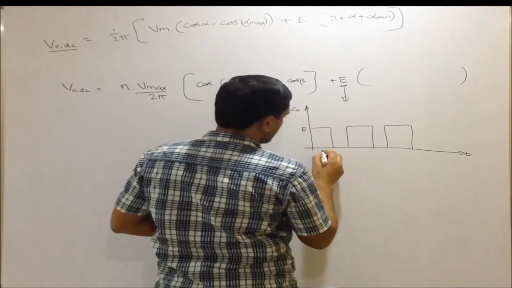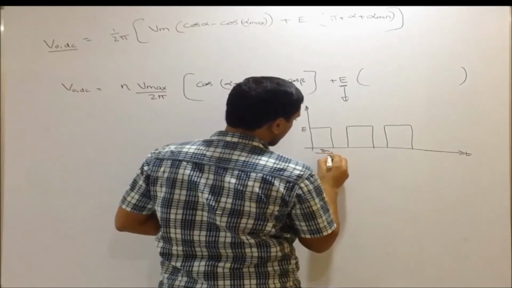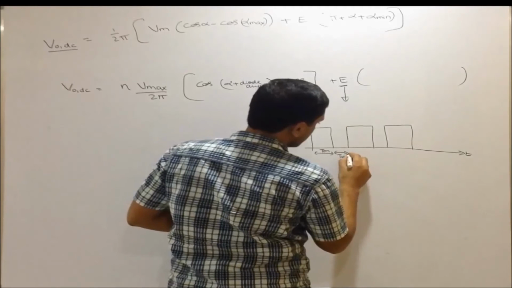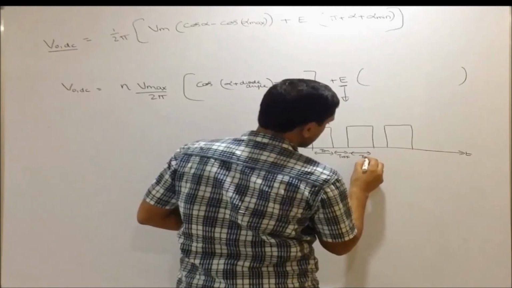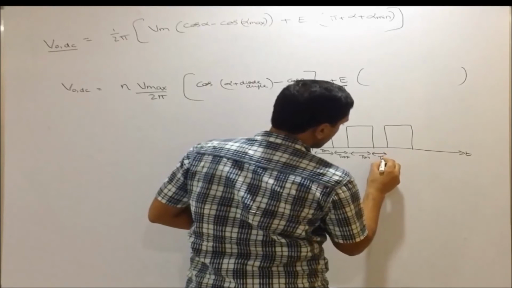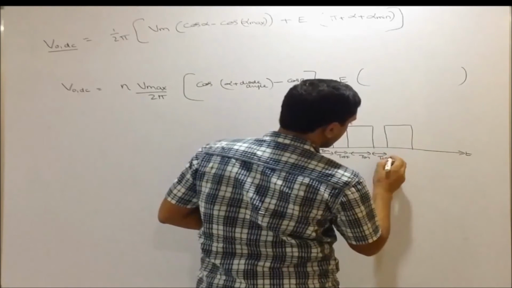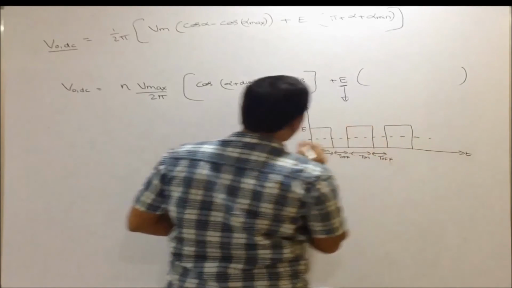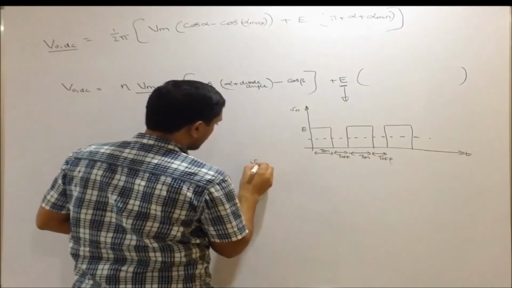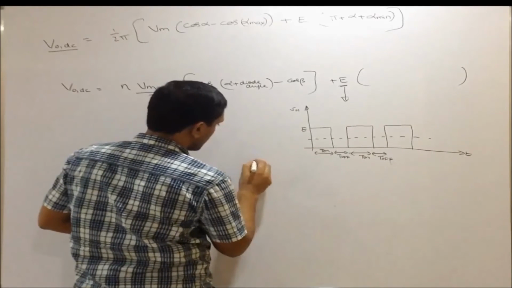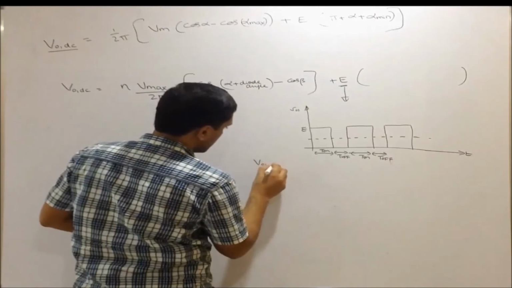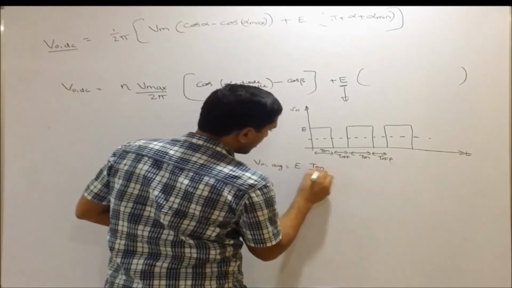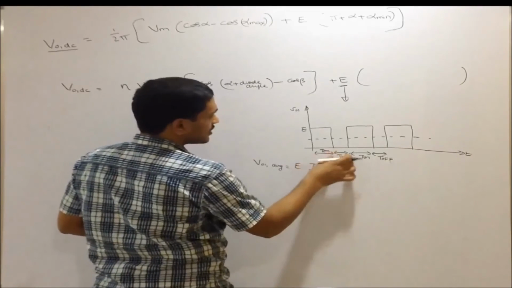This is T on. This interval is T off. Again this is T on, and this is T off, and so on. If I want to calculate the average value, V01 average equals E into T on by T, where T is T on plus T off.